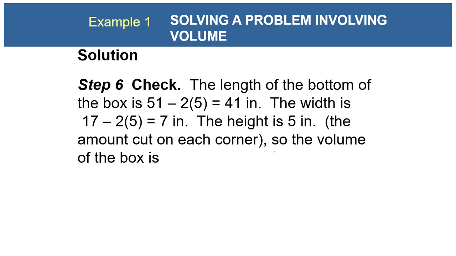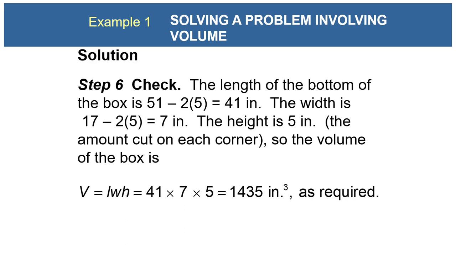So the volume of the box is given by length times width times height, or 41 times 7 times 5. And yes, it does equal 1,435 cubic inches like we wanted. So we know this is a good solution.